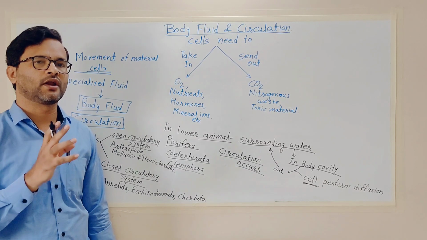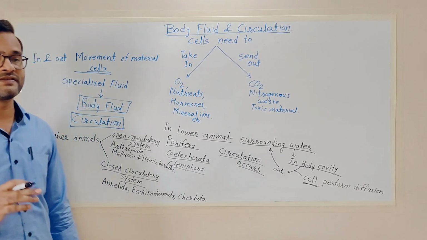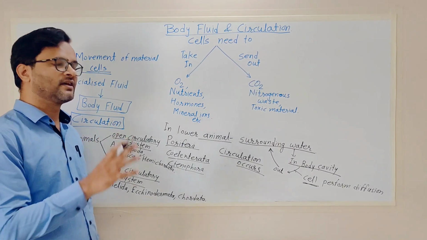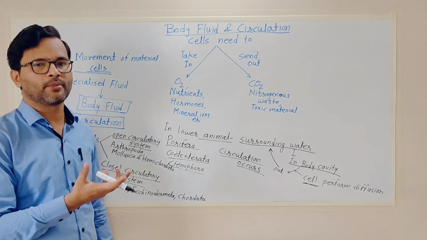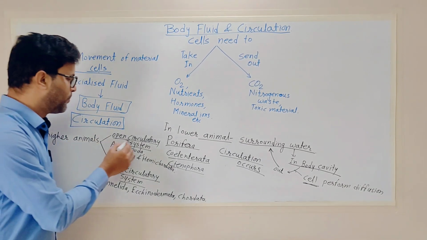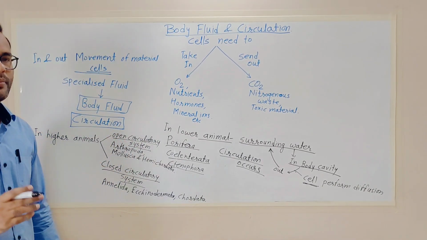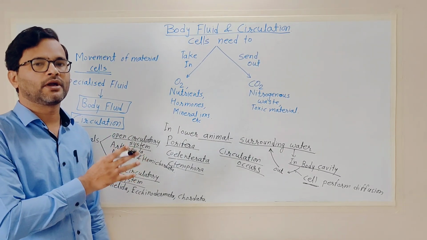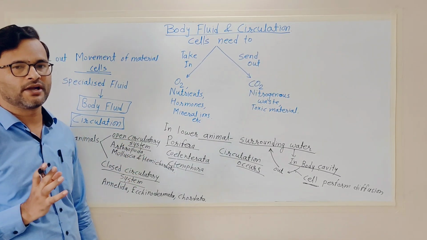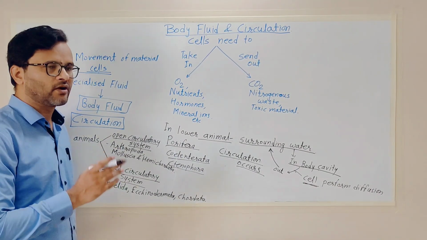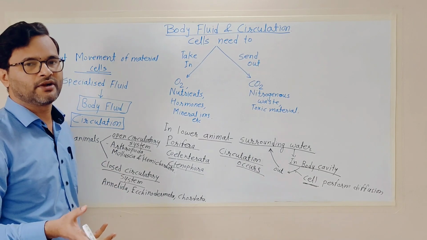The blood or any type of body fluid circulates throughout the body in vessels, but it will not open anywhere. It will not open into the body cavity. But the open circulatory system has a system, but it is incomplete. In simple words, they have vessels but incomplete vessels.